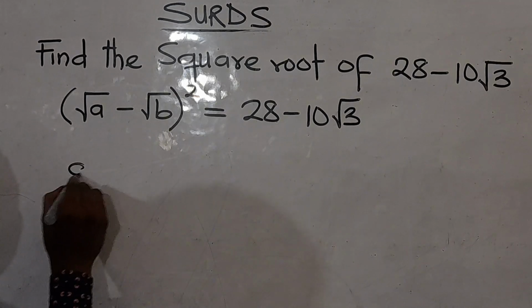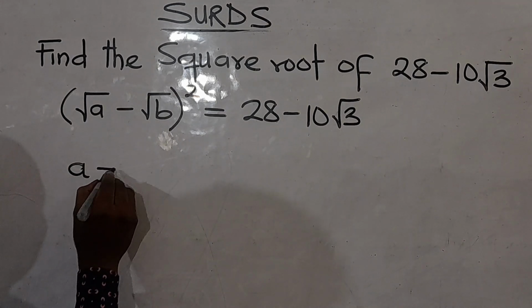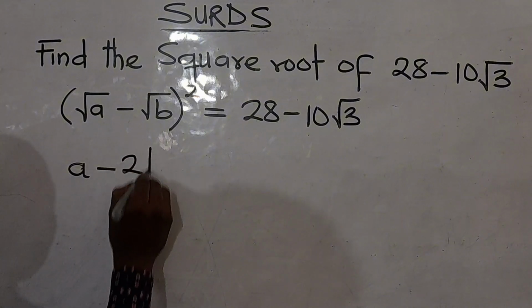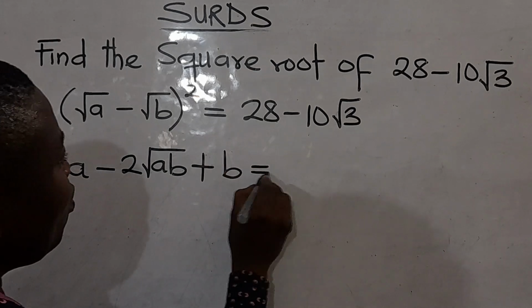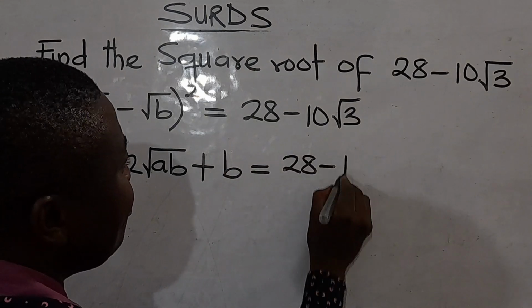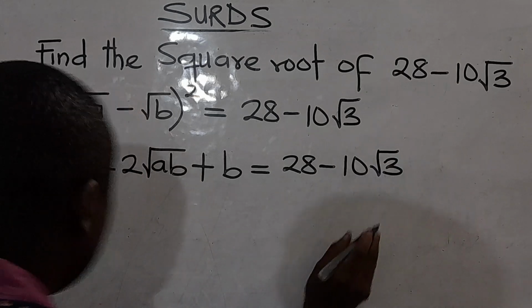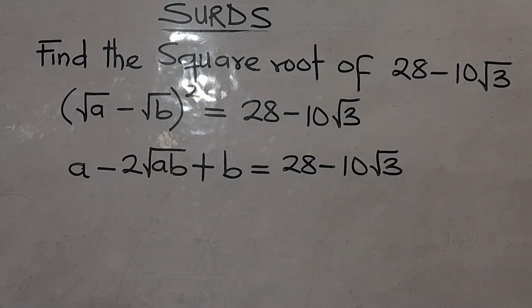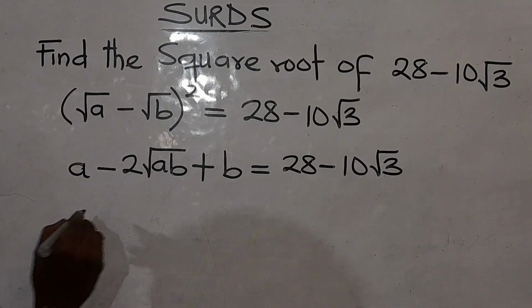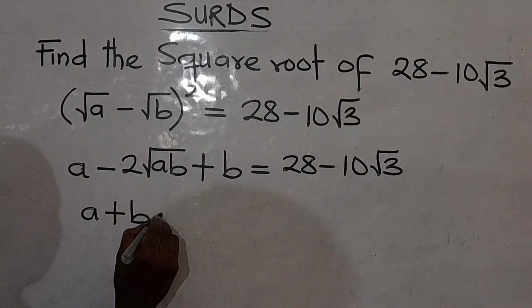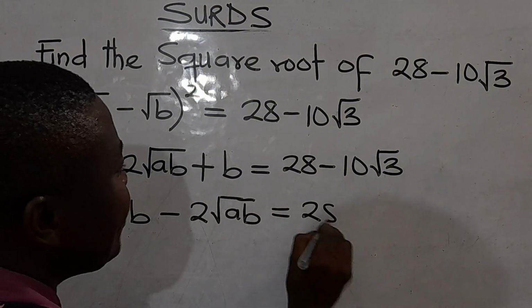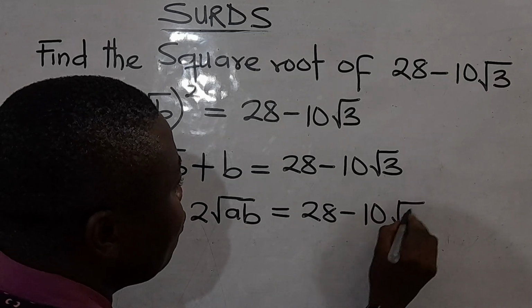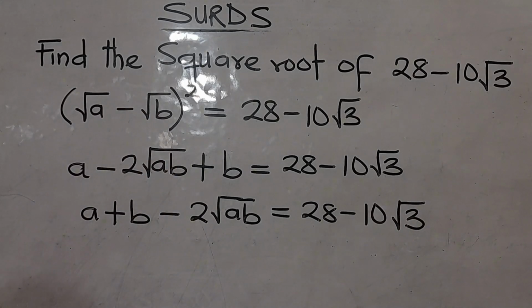It gives us a minus 2 root ab plus b, which is equal to 28 minus 10 root 3. Please, I want you to look at it. So this means a plus b minus 2 root ab gives us 28 minus 10 root 3.